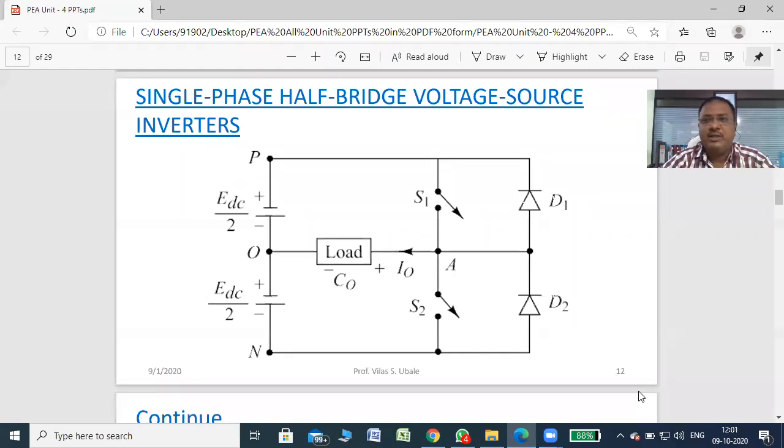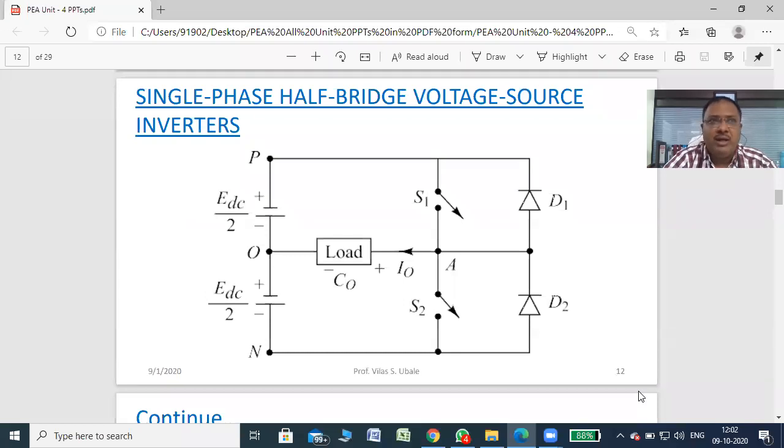So for simplicity, protection circuits are not shown in a diagram, and even gate drive circuits are not shown in a diagram. But you should keep in mind the drive circuit is always there and protection is also present in a circuit. For explanation, for simplicity, these two types of circuits are learned separately.